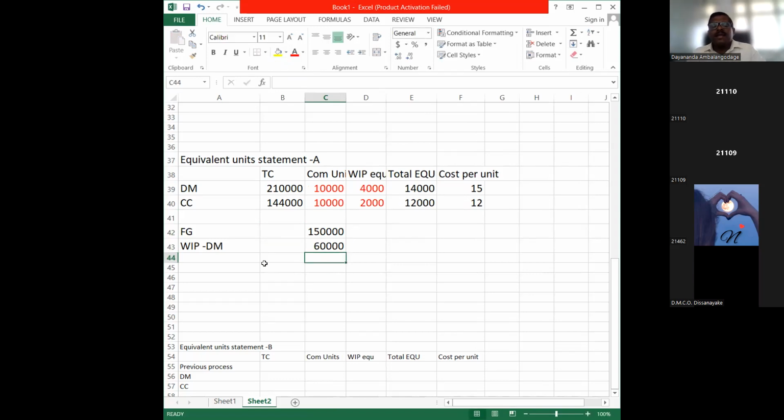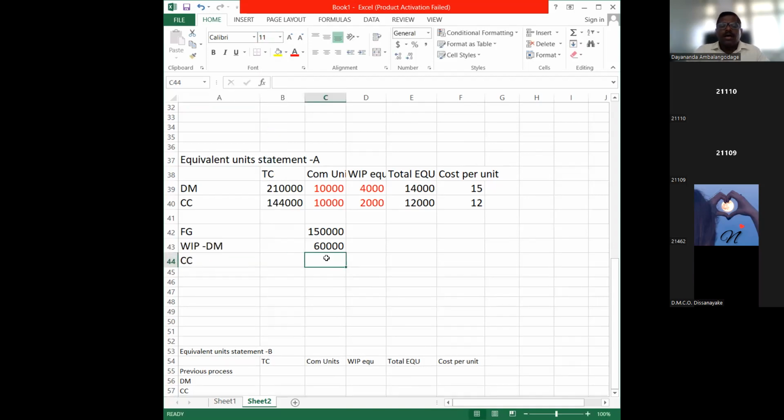But with regard to the conversion cost, CC, it's not the 4,000 story. That is 2,000 into, right?